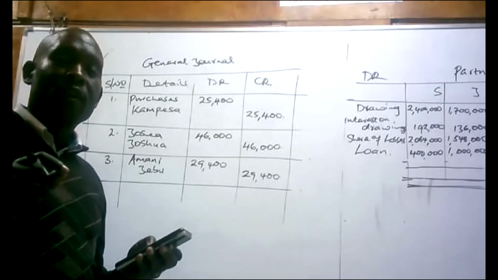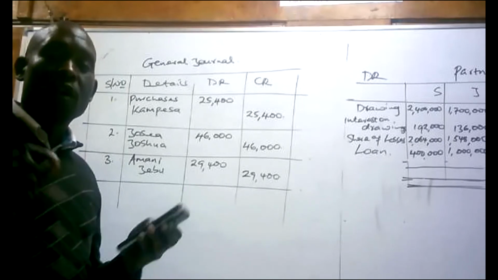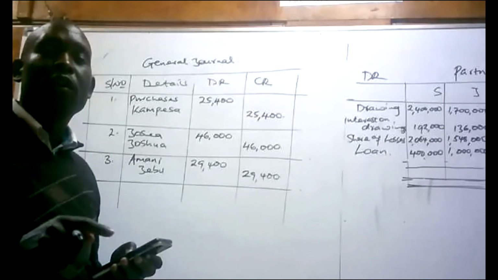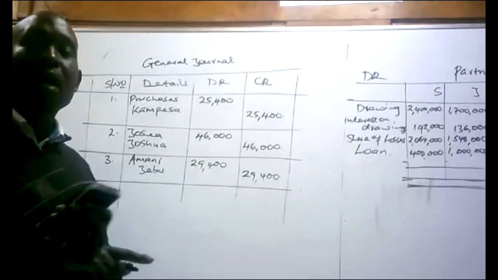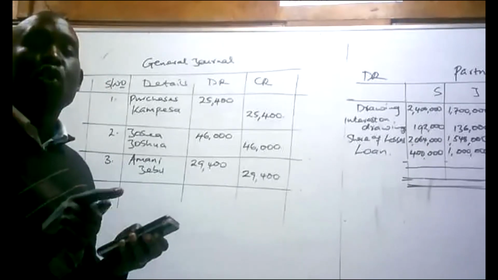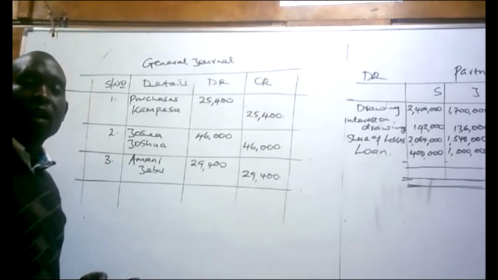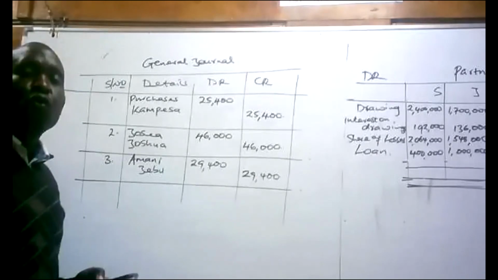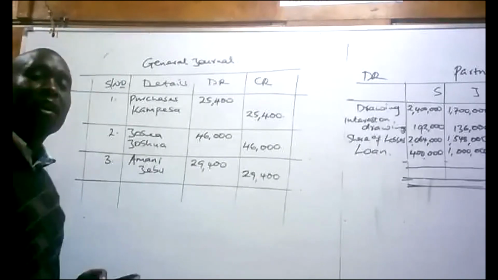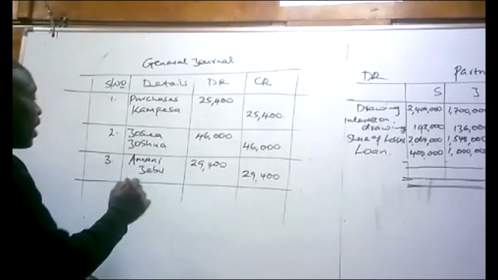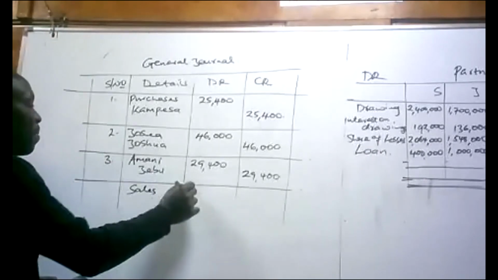When it is an overcast, when you are subtracting, you record it on the opposite side, but by the overcast amount only. So here, sales was credited because that is the norm, but it was credited by 900 more. To subtract 900 from the credit side of sales, we shall debit sales by 900.